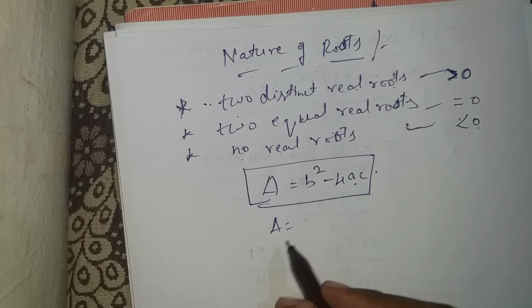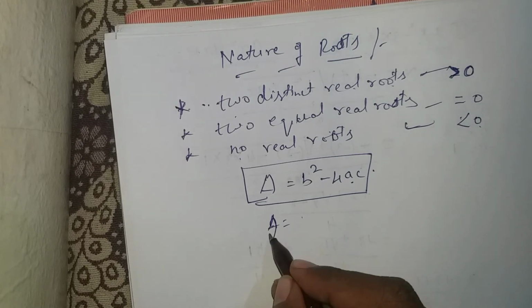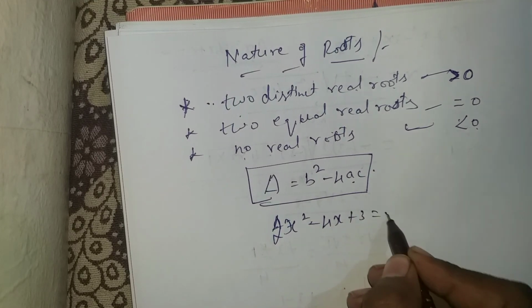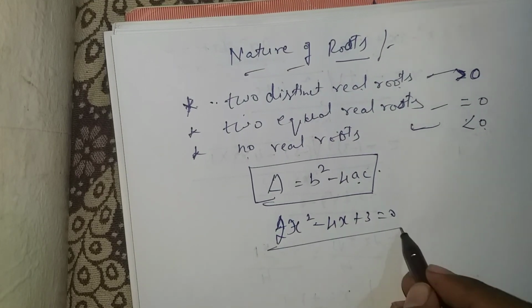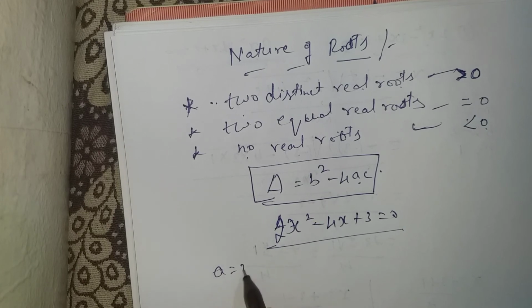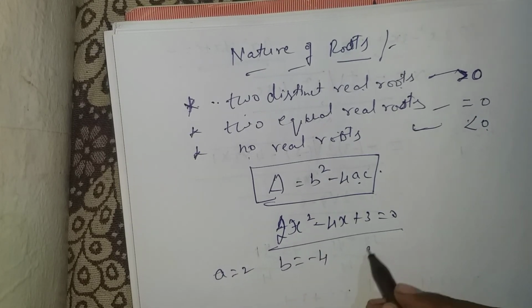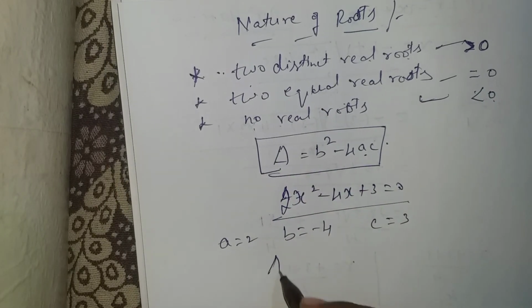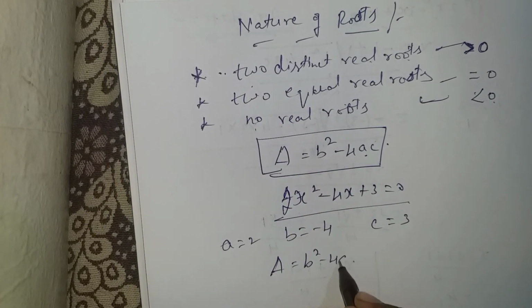I'll consider one problem: 2x square minus 4x plus 3 is equal to 0. Same thing, compare and find out the a value. A is 2, b is minus 4 and c is 3. So I got the a, b, c values, put in the formula, delta is equal to b square minus 4ac.